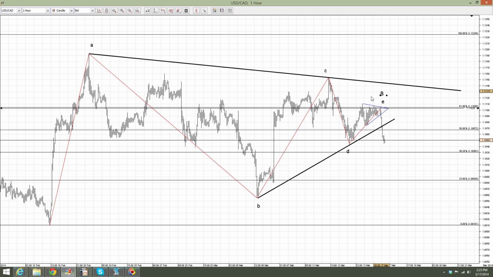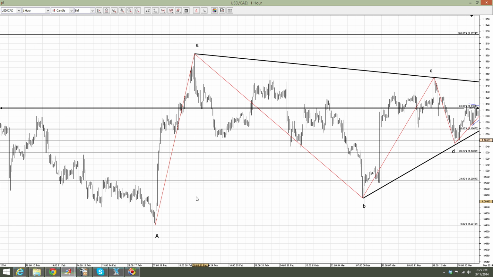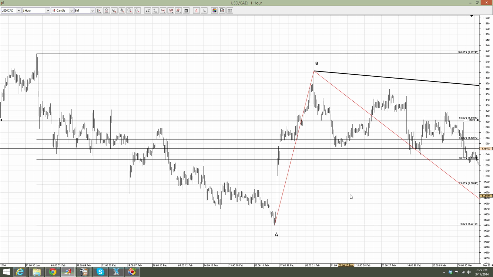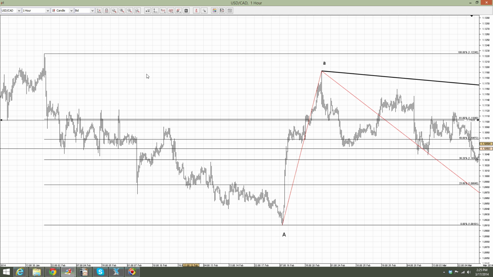This should then be only a wave A of a bigger degree. And therefore we are having wave A to the downside, then A, B, C, D, E, the B wave. This must have been a five-wave structure. If you take a trend line here, you are seeing that this is a clear or a classical five-wave structure.